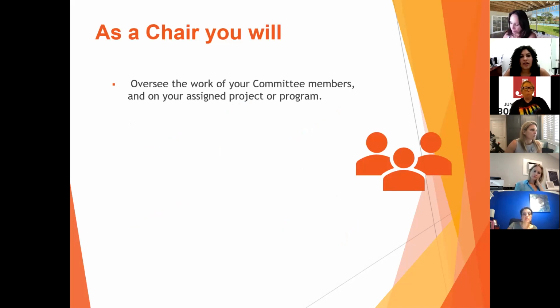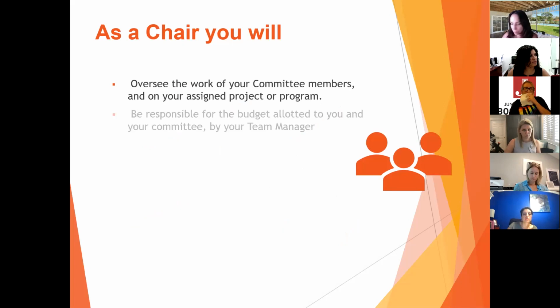As a chair, you'll be overseeing the work of your committee members and any projects or programs that you assign your committee. You're also going to be responsible for the budget. Your manager is going to update you on budgets, and you are responsible for keeping track of that budget.